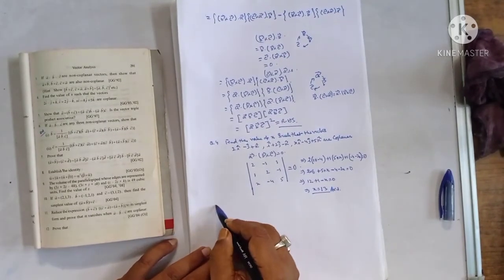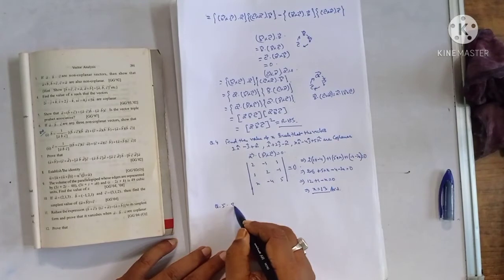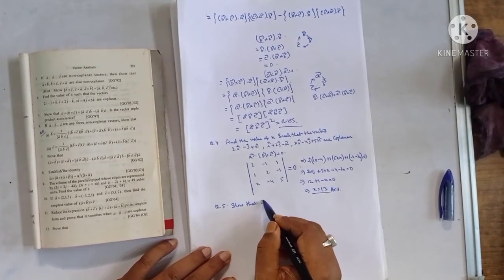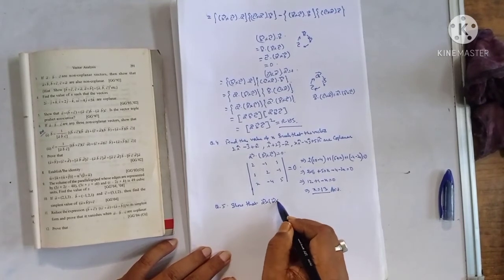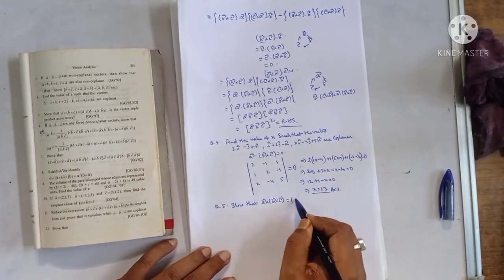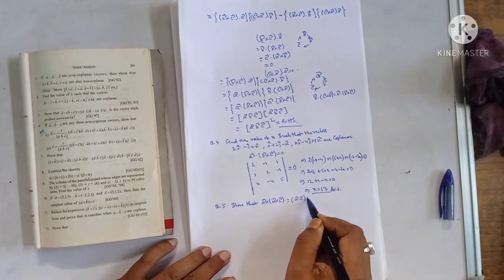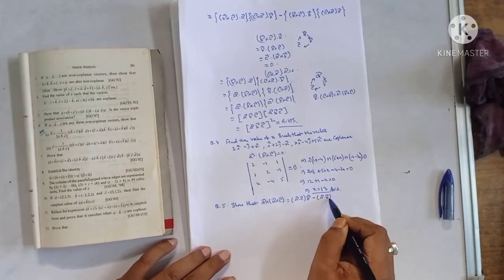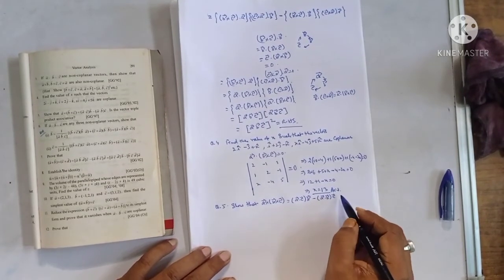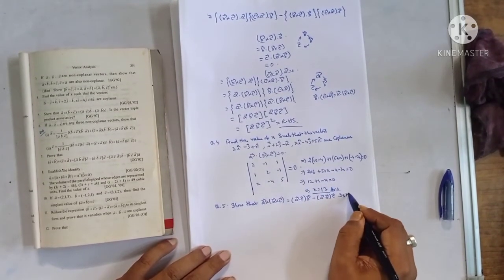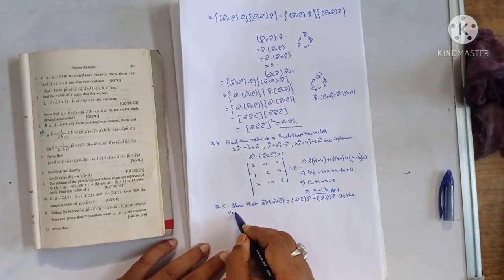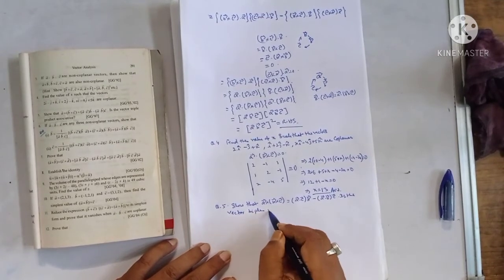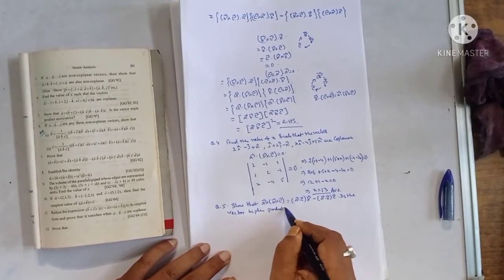Now question number 5. So that A vector cross B vector cross C vector is equal to A vector dot C vector B vector minus A vector dot B vector C vector, and is the vector triple product associative.